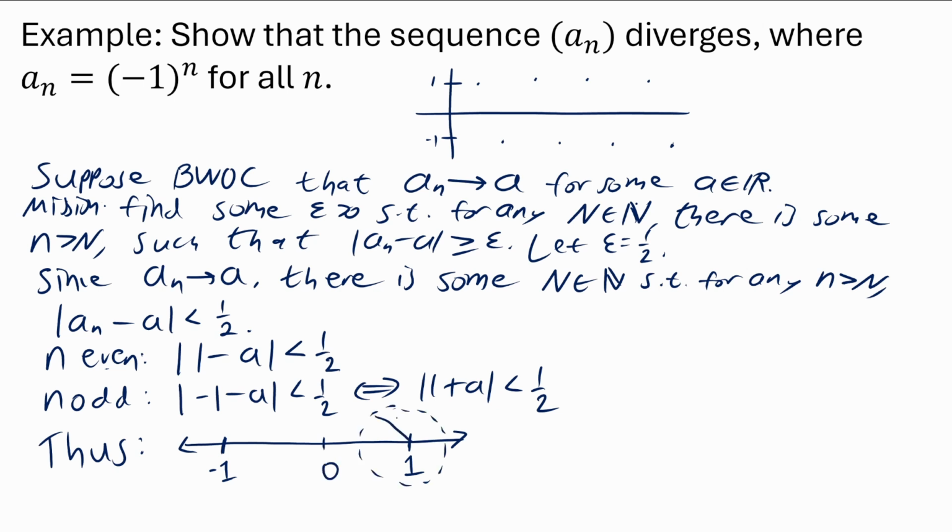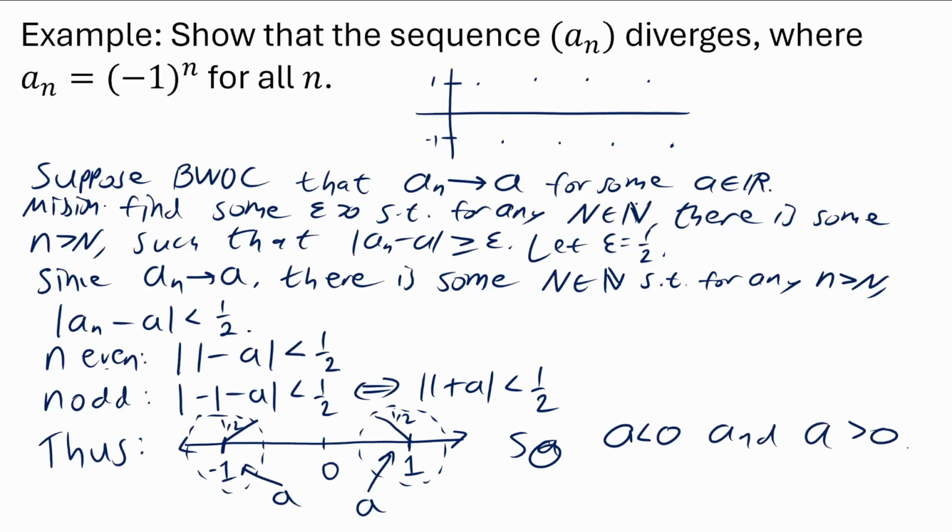If we draw a little bubble of radius 1/2, a should be somewhere in here. But we also know that the distance between -1 and a should be less than 1/2. So if we draw the same bubble right here, 1/2, a should be in there. So a is both less than 0 and bigger than 0.